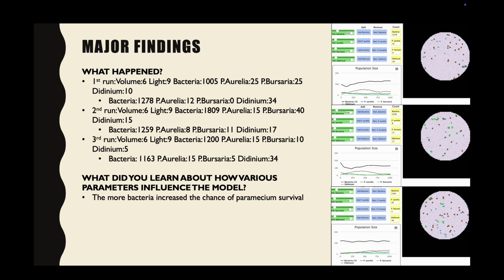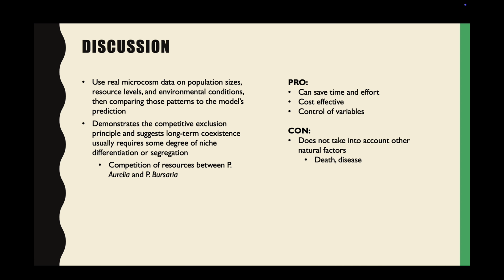And then I had to manipulate all the data just so that the P. bursaria wouldn't die off again, because it has a slower growth rate than the P. aurelia. So you can use real microcosm data on population sizes, resource levels, and environmental conditions, and then compare those patterns to model predictions, and it demonstrates the competitive exclusion principle and suggests long-term coexistence.